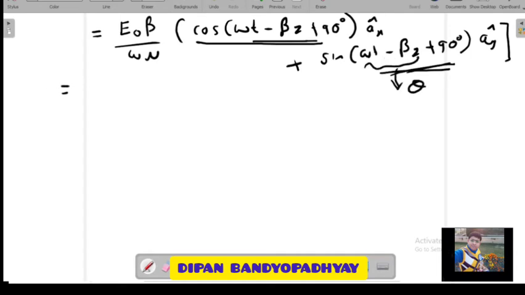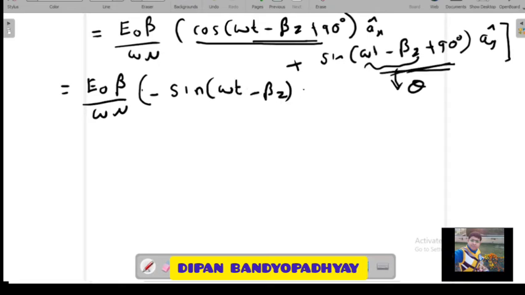So what do you have? E naught beta by omega mu, and cos of 90 degrees plus theta will give minus sin theta. So minus sin theta is minus sin of omega t minus beta z ax cap, plus sin of 90 degrees plus theta means cos theta, so cos of omega t minus beta z here.